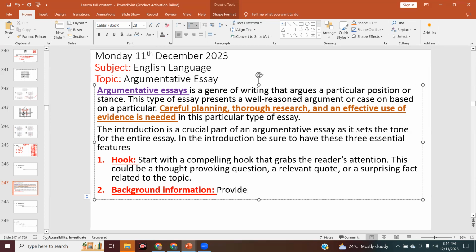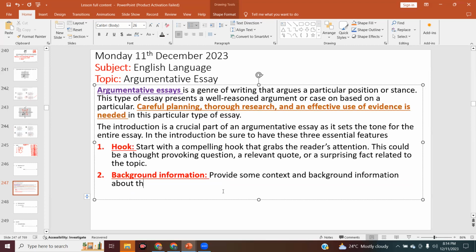So provide some context and background information about the issue to ensure that the reader understands the significance of the argument.